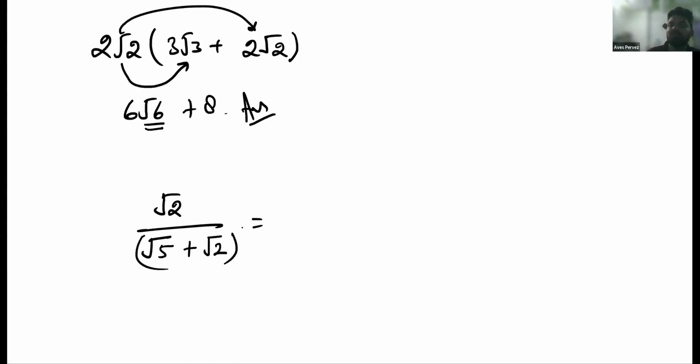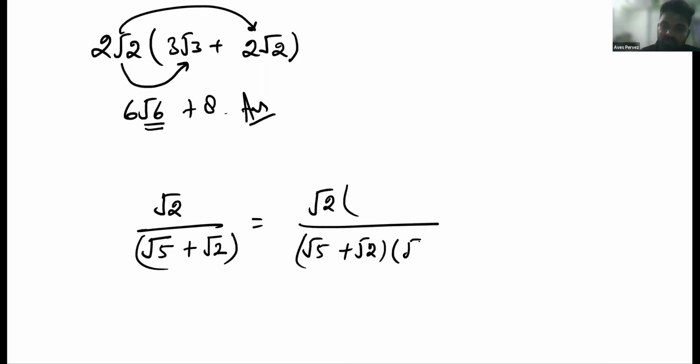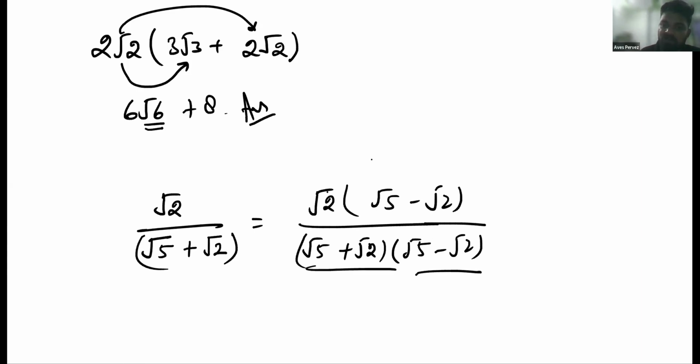What will you do? You write here root 2 bracket root 5 plus root 2 and then root 5 minus root 2, and the same is going to multiply here also, root 5 minus root 2. Now solve this portion and multiply this one with this one also.